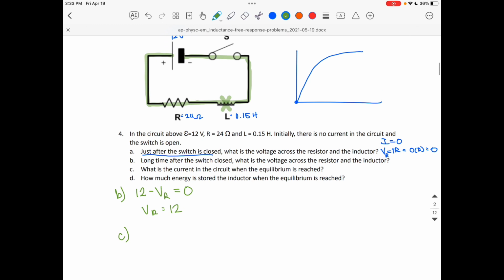Since we have this point of equilibrium, we use the equation I equals V over R. We plug in our voltage and our resistance, and that gives us 0.5 amps. You can basically look at this equation and set that equal to IR and get the same answer.